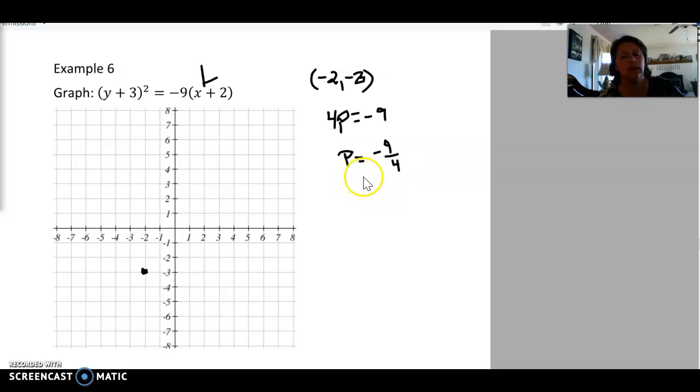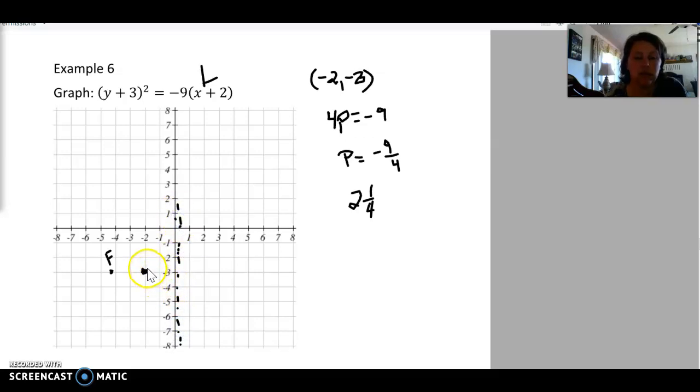All we care about is the absolute value of that for right now, so that is going to be 2 1/4. So p is 2 1/4, and it opens to the left, so that means we're going to go to the left 2 1/4 units, and that would be our focus. And then we're going to go 2 1/4 to the right, and that is going to be our directrix.